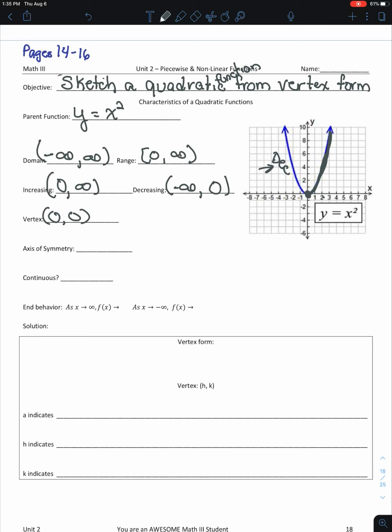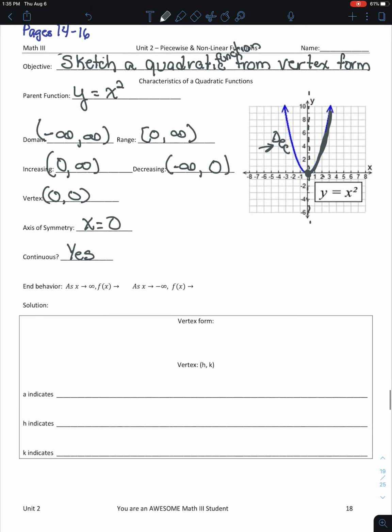Our vertex is 0, 0. Again, the vertex is that max or min point. The axis of symmetry is still the imaginary line that cuts it in half, so our axis of symmetry is x equals 0. All quadratics are continuous functions, just like absolute value. As x goes to positive infinity, the function goes towards infinity.